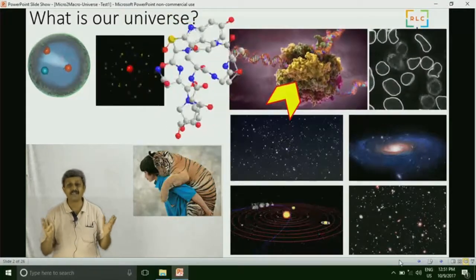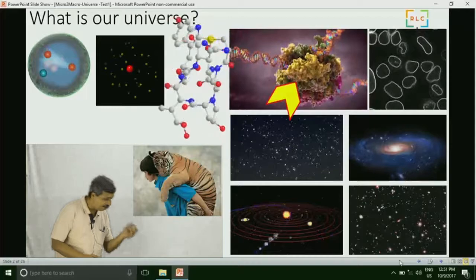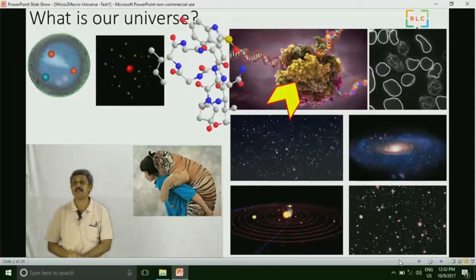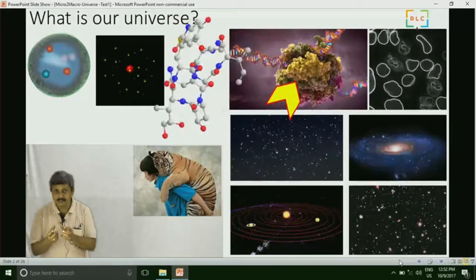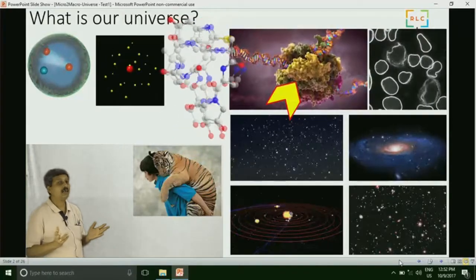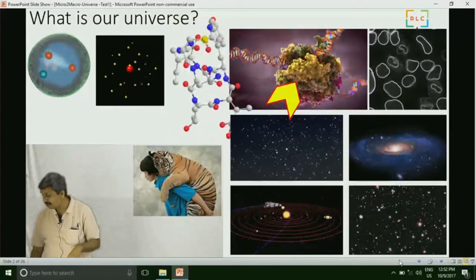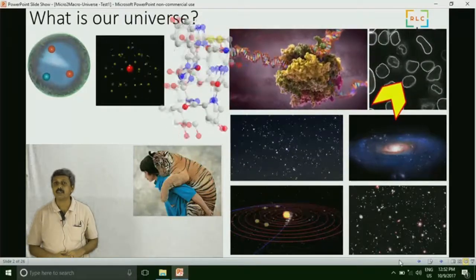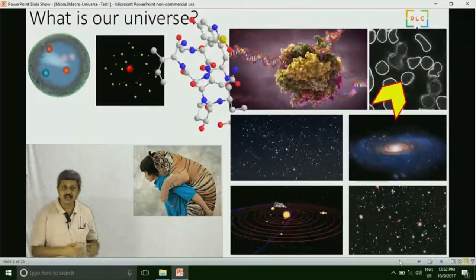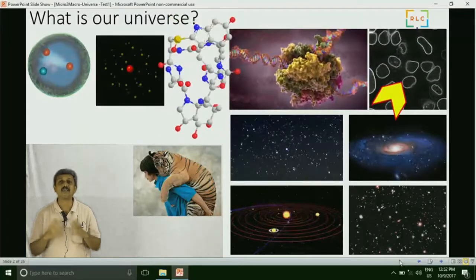This is a huge factory. It's not really huge; it's huge compared to an atom, but it is very small, and it is inside things called cells, which we are all made up of. All living beings, including humans and plants, are made up of multiple cells.